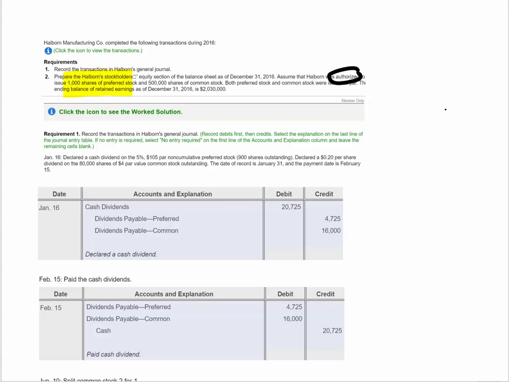That's the most that they can do. Issued at par, and then the ending balance in retained earnings is this. We'll need that at the end.